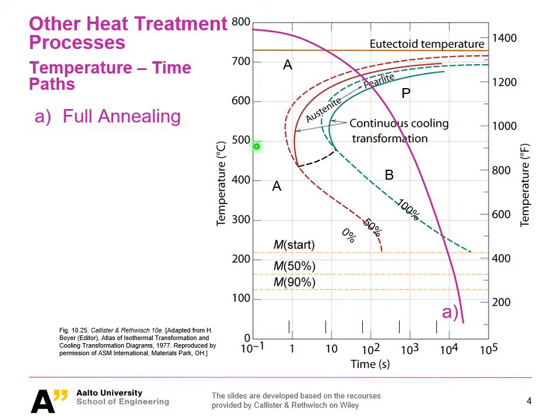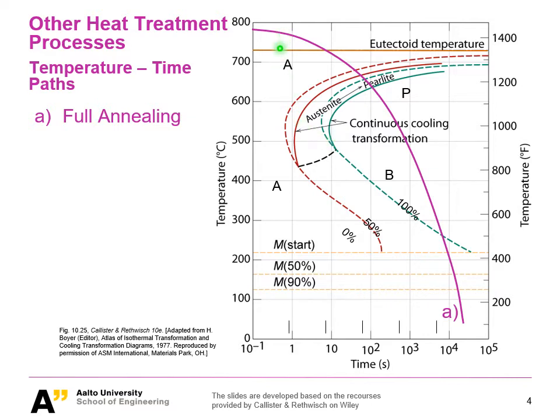And the dashed lines refer to the isothermal phase transformation, where the temperature is held constant. Of course, when we're talking about full annealing, it is a continuous cooling process, as you can see here, so we need to read the continuous cooling transformation curves.